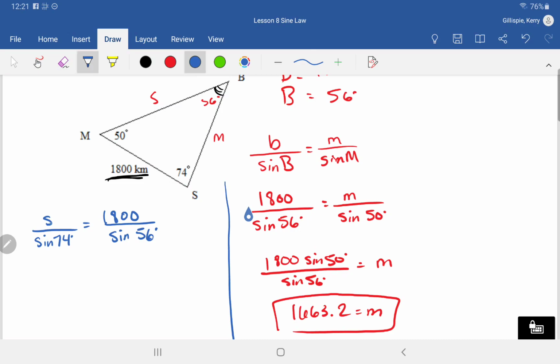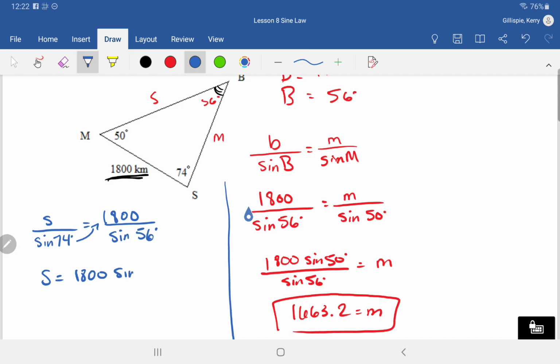This time I have my unknown on the left side. I did want to do it that way because it doesn't make a difference. It really doesn't matter where your unknown is as long as it's in the numerator. So I wanted to make sure that we did one where it's just flipped. The sine 74 still comes up and multiplies.